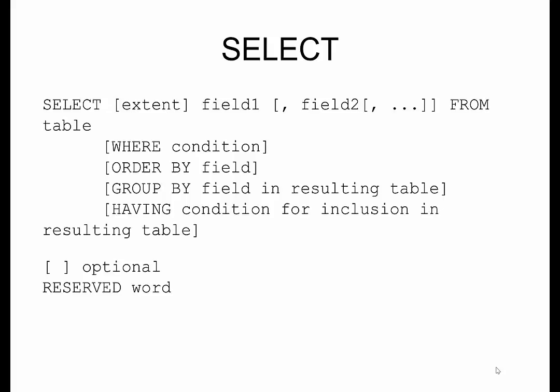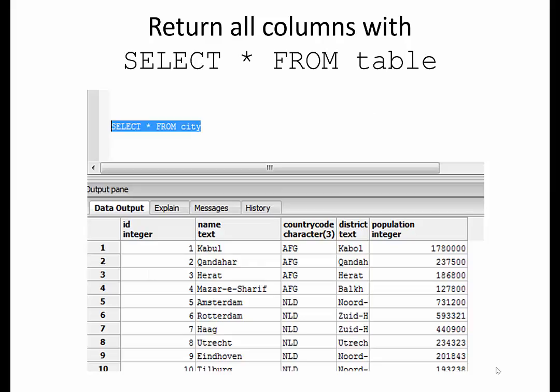The parts that are in square brackets are optional clauses. So you have to return at least one field or value extracted from a field from the select statement. You could do more than one field, etc.